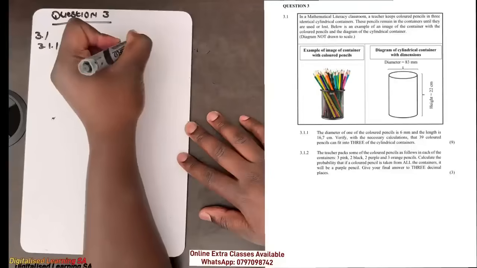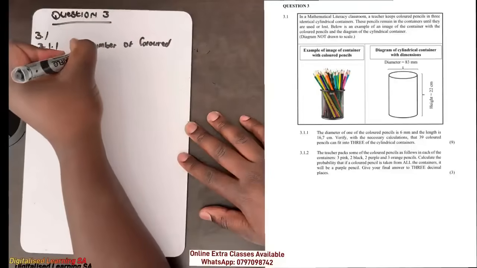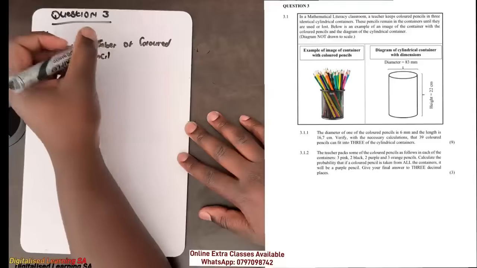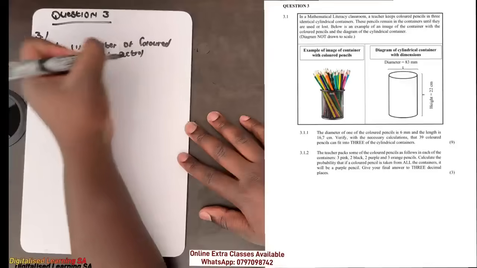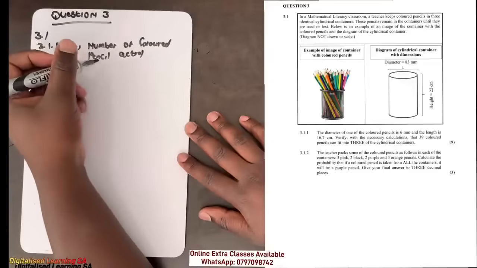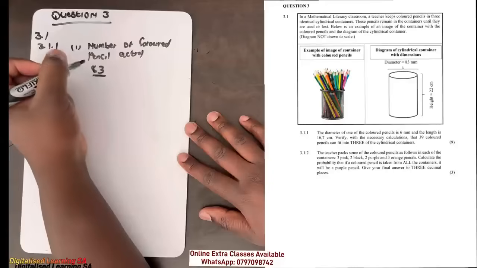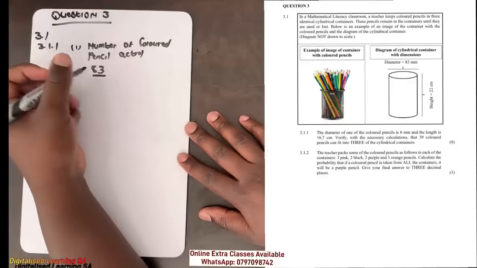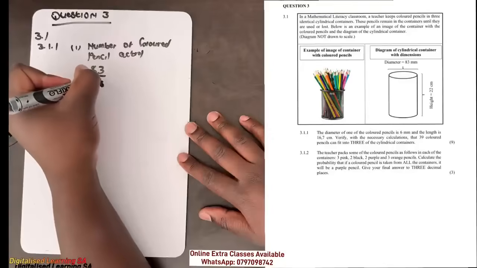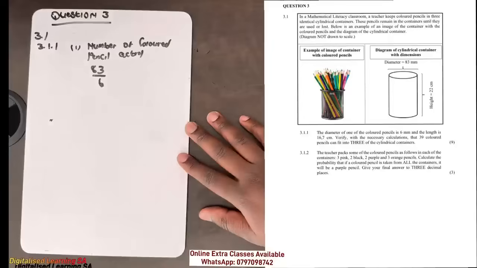Number of colored pencils across the container. So we'll take the 83, which is our diameter, and divide by 6 millimeters. Remember that the diameter of one colored pencil is 6 millimeters.